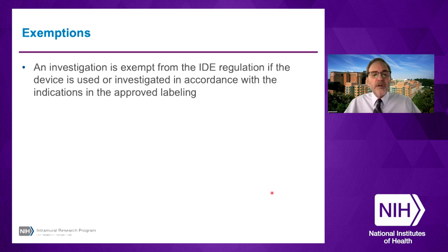So I said one of the questions that you need to answer in going through this path is exemptions. An investigation is exempt from the IDE regulations if the device is used or investigated in accordance with the indications in the approved labeling. So the FDA has judged the device to be safe and effective for its stated use in the label.